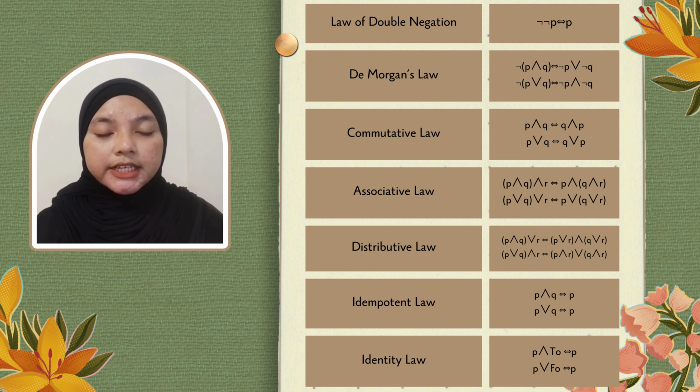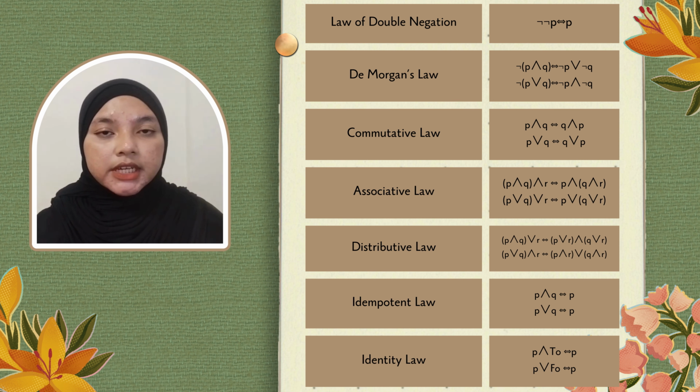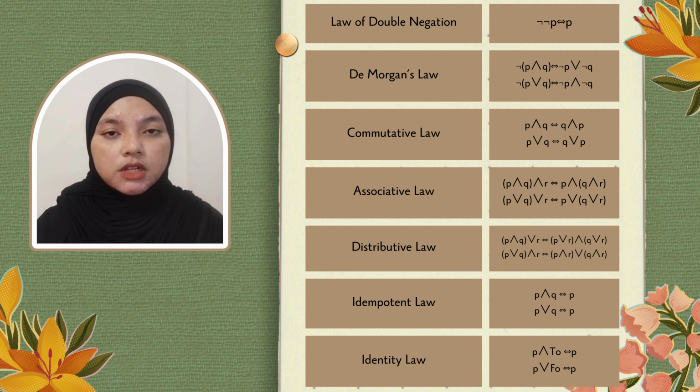If we see in bracket P and Q or R, it's equivalent to in bracket P or R and in bracket Q or R. Idempotence law. For example, if we see P and P, it will be equivalent to P, and P or P also will be equivalent to P.